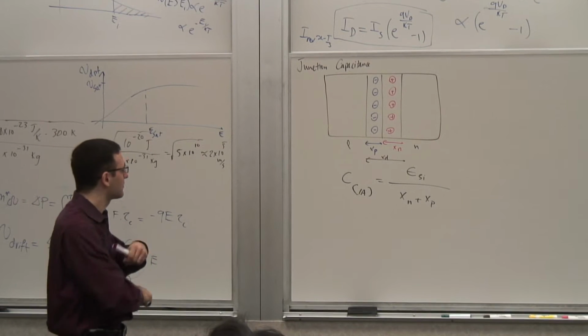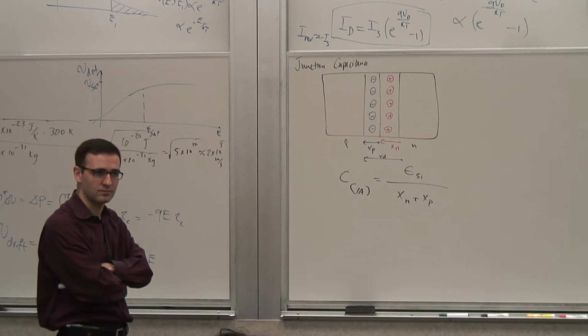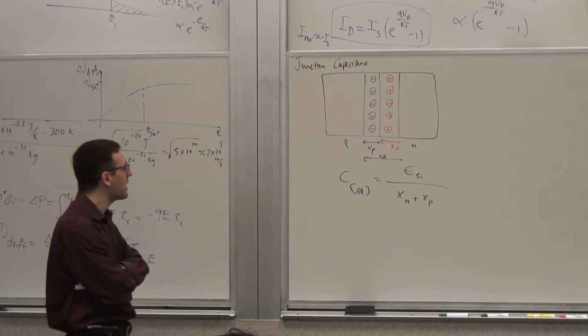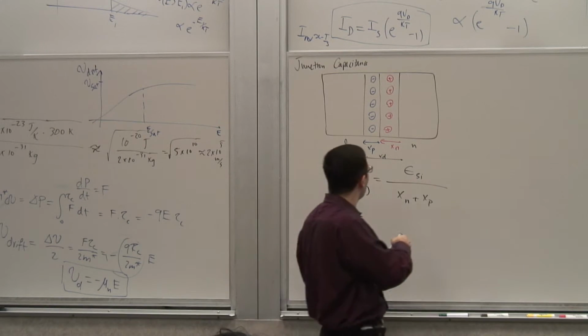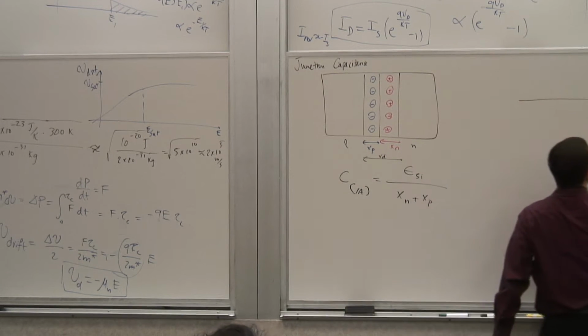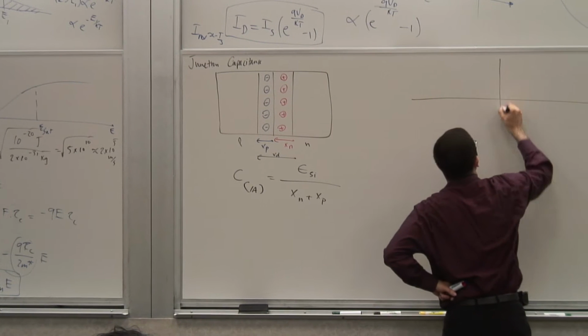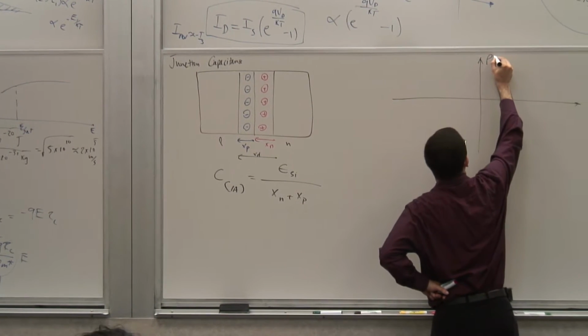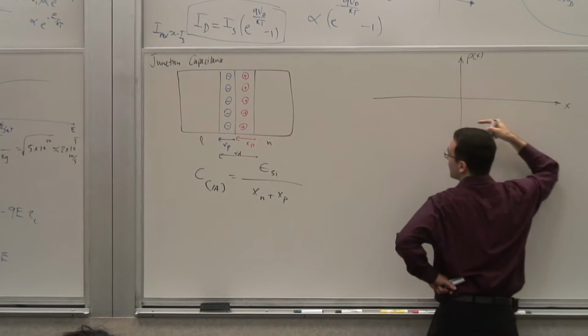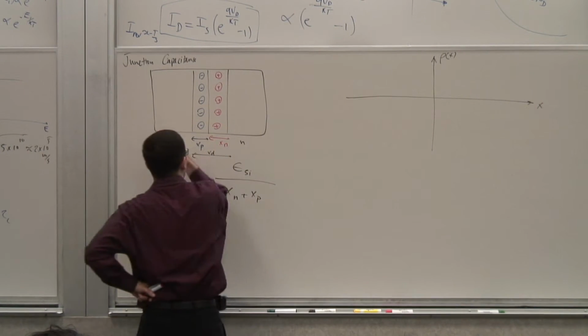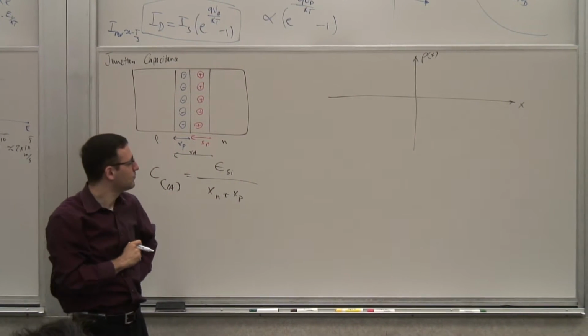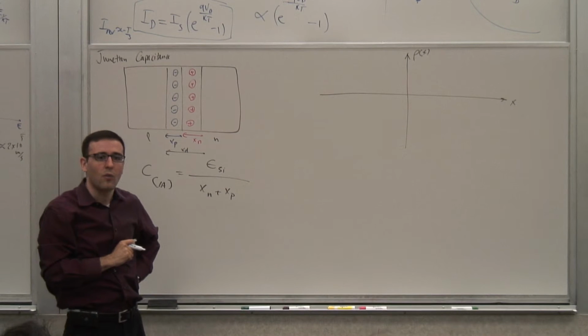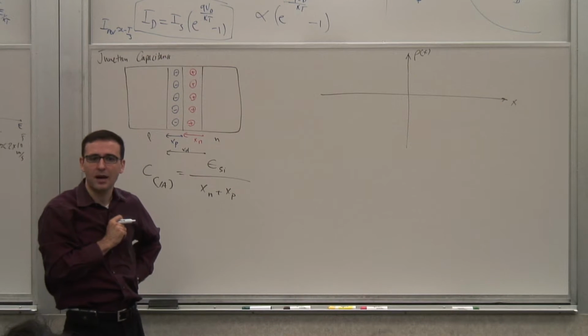So how can I do that? Well, I'm assuming it's an abrupt junction. And let's say we are looking at the distribution of charge. So let's start with that. I'm looking at rho of x, where x is the horizontal dimension. Okay. So when I have the depletion region, what can I say about the charges I have?